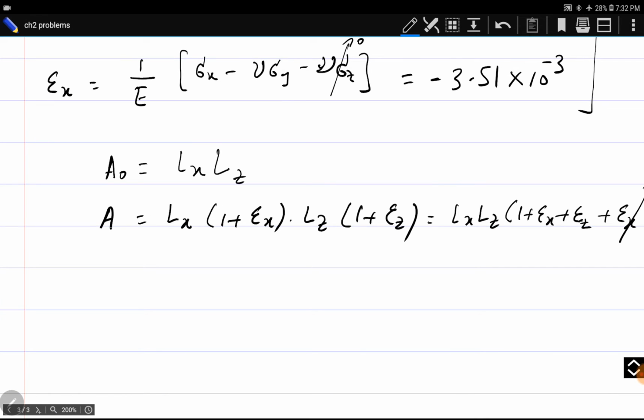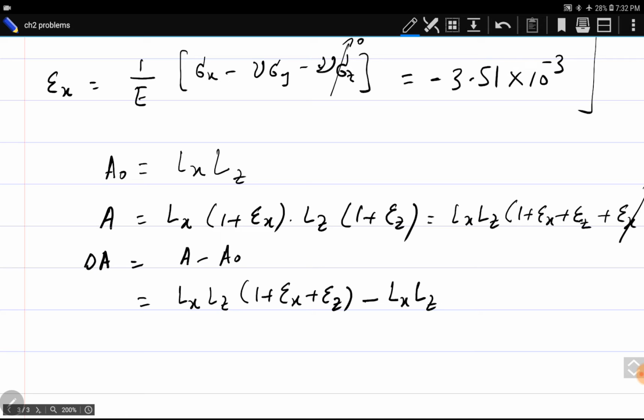So the change in area, del A, will be the difference of final area minus initial area. Final area is Lx Lz into 1 plus epsilon x plus epsilon z, and initial area is Lx Lz.